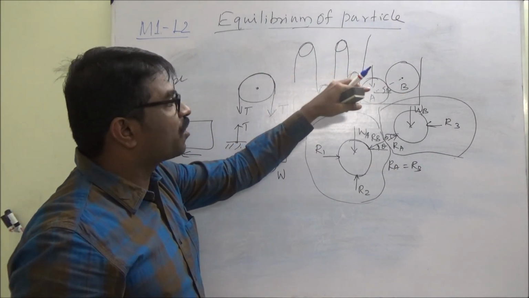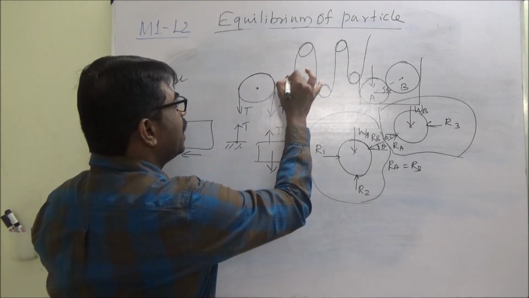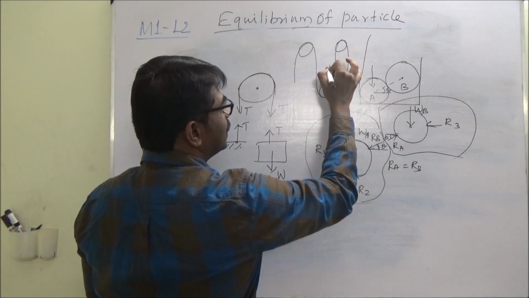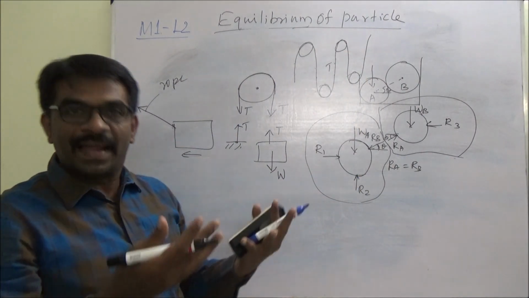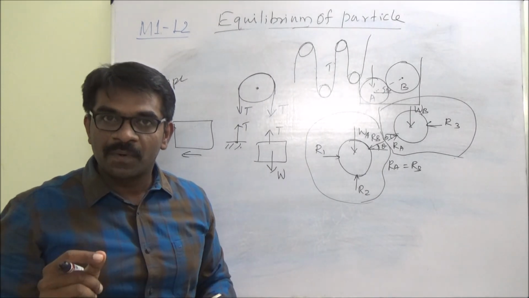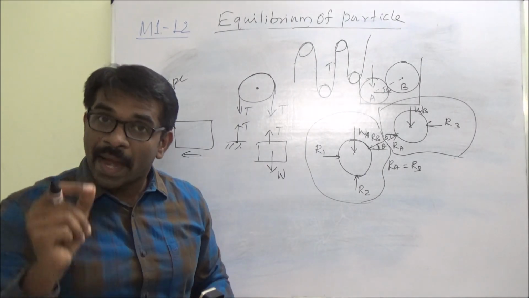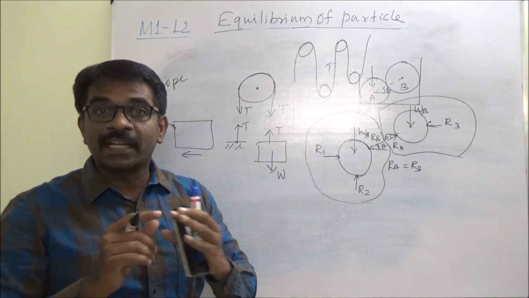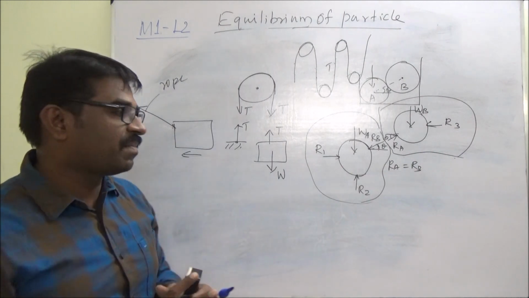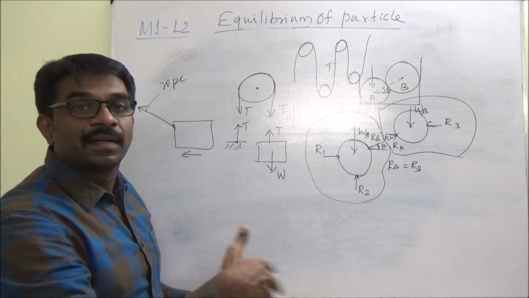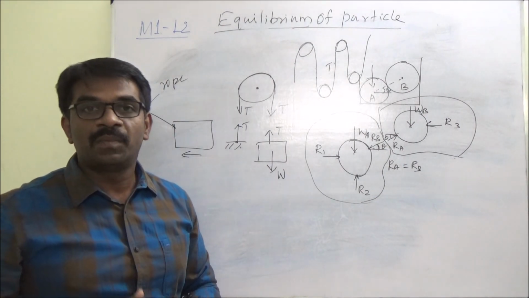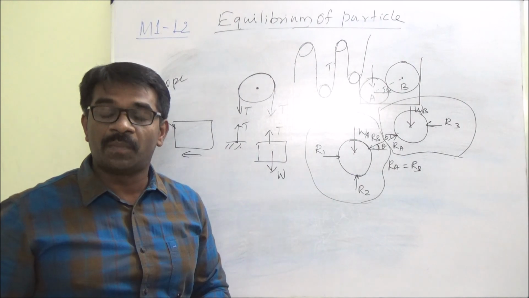So this is a single rope. Anywhere in the point, the force is T, tension, and it is equal. Everywhere it is equal. If it is a single rope or string or wire, the magnitude of the force is the same. Keep this in mind when you are discussing the particle problems, equilibrium problems, or particle equilibrium problems.